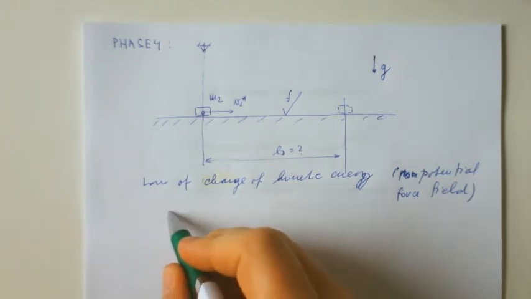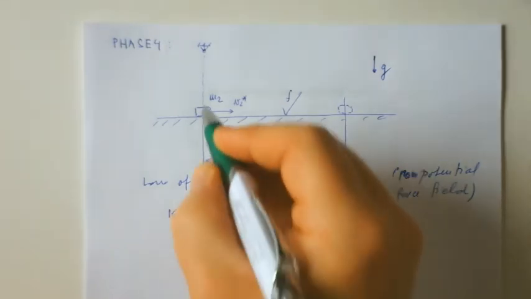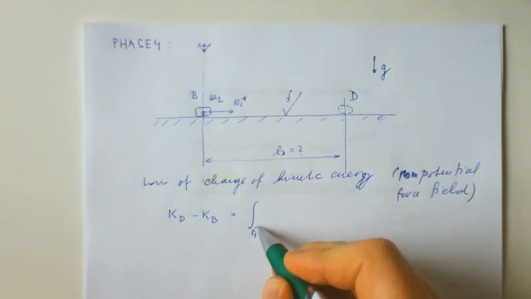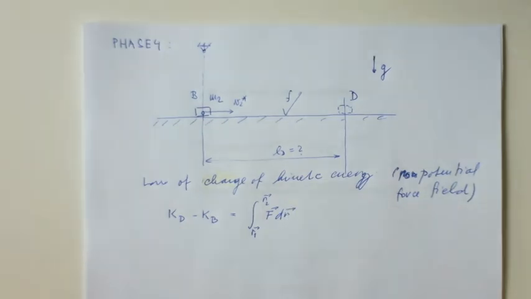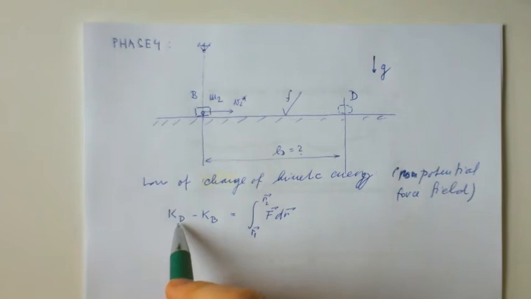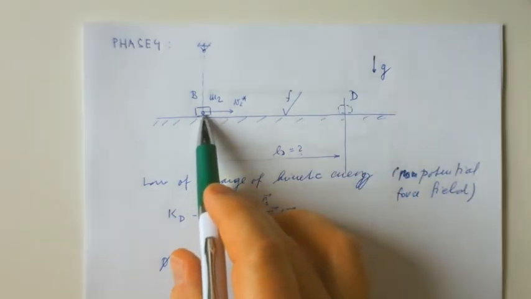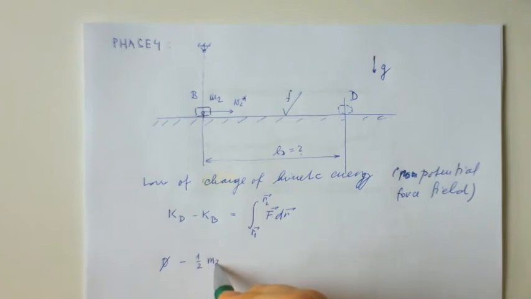We can write that kinetic energy at place D minus kinetic energy at place B, this is place B, this is place D, is equal to the integral from R1 to R2 of F dR. So KD, kinetic energy at place D, is 0 because the particle stops at this place, and kinetic energy at the beginning of phase 4 is 1/2 of m2 v2 star squared, and it is equal to what?